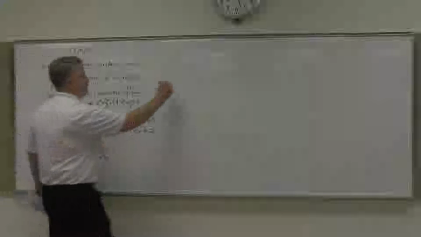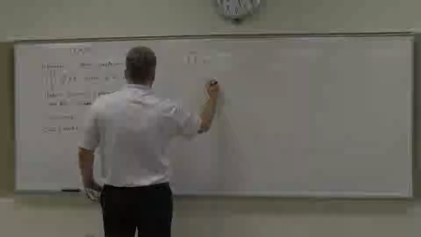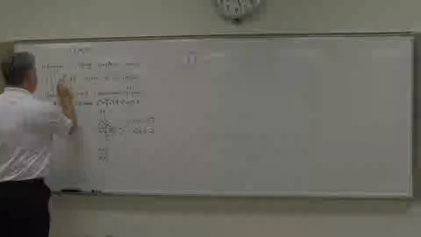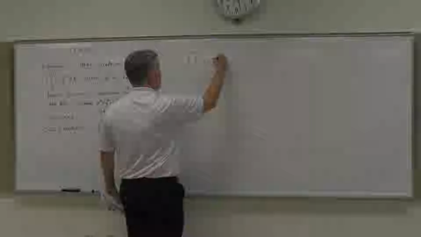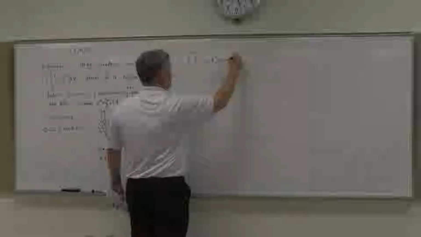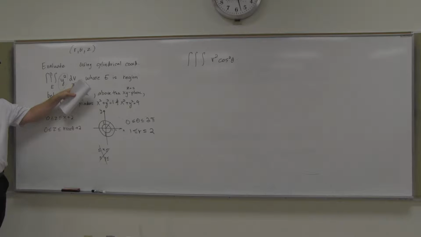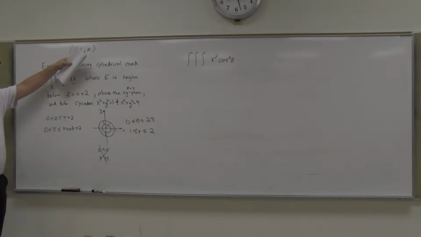So our triple integral then, dv, well, let's start with this. We've got to convert y, unfortunately it's y squared. y is r sine theta, so y squared would be r squared sine squared theta. And then what about the dv? If I go to cylindrical, what does dv equal?